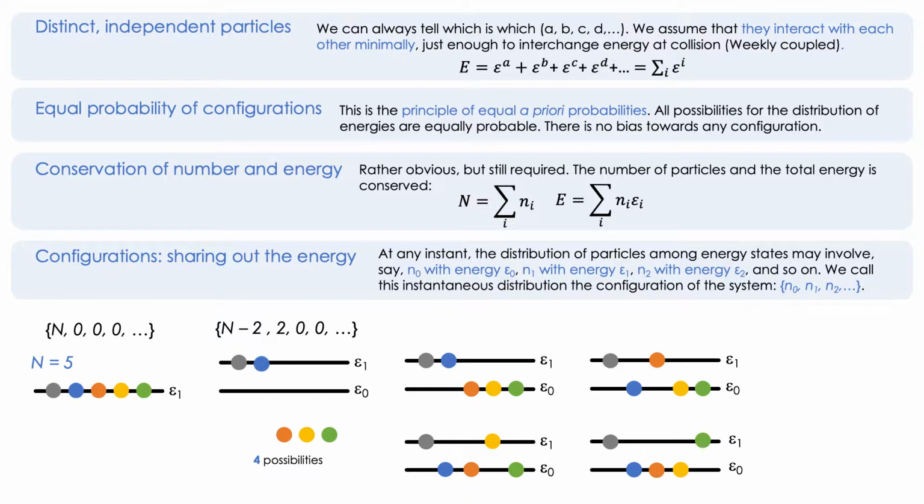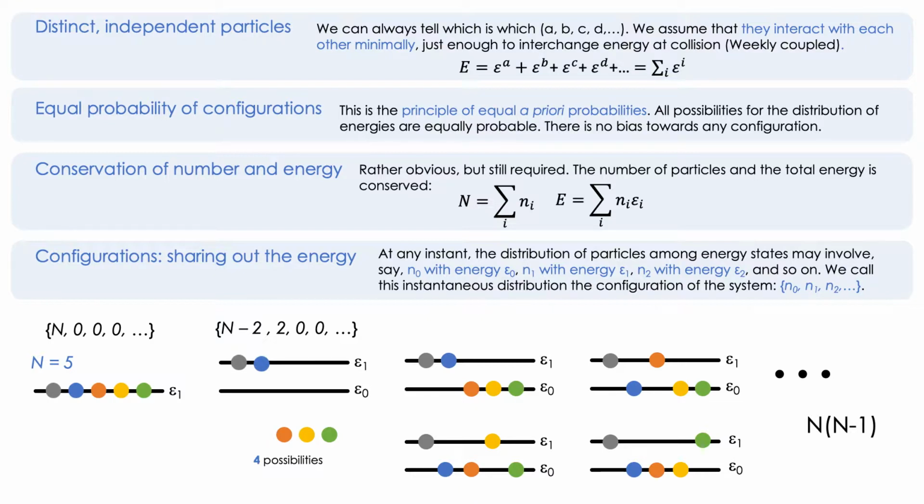If we had chosen the blue, we would have had another 4. So in the end, what we have is 5 times 4 possibilities for our configuration, meaning that in general it would be n times n minus 1 possibilities.